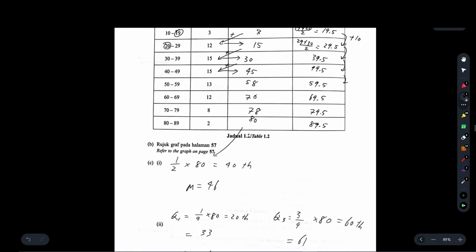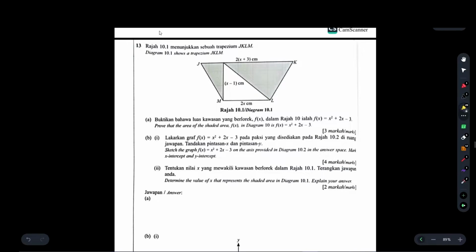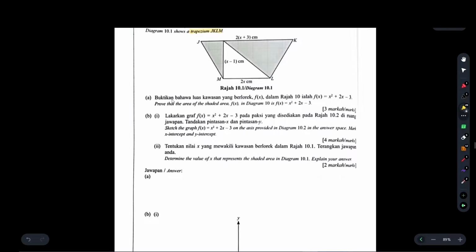So that's it. Now we're going to look at question 13. We have a trapezium JKLM. We're going to prove that the area of the shaded region, f(s) represents the shaded area, is s squared plus 2s minus 3.